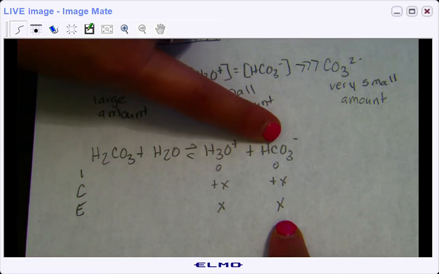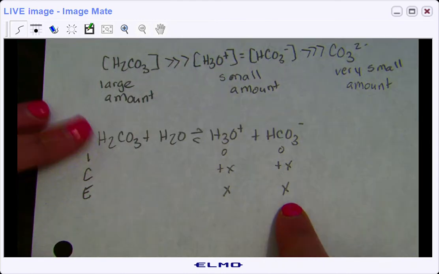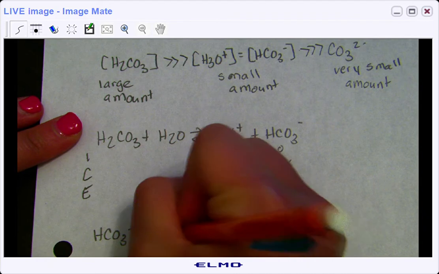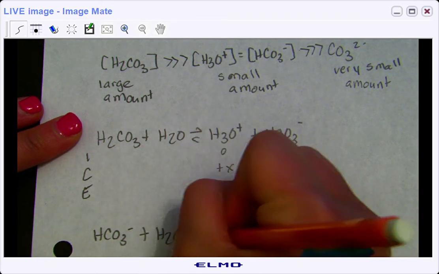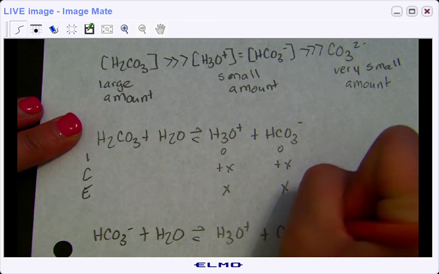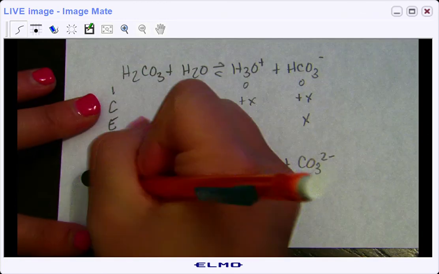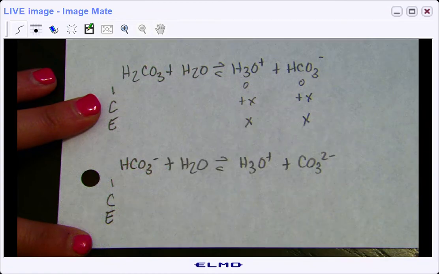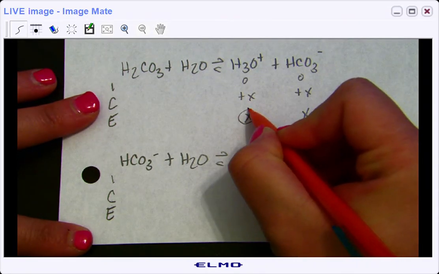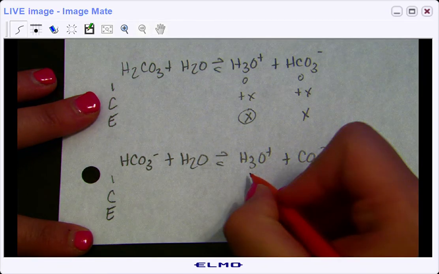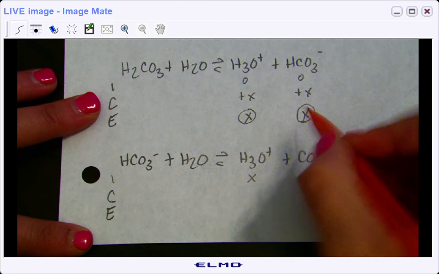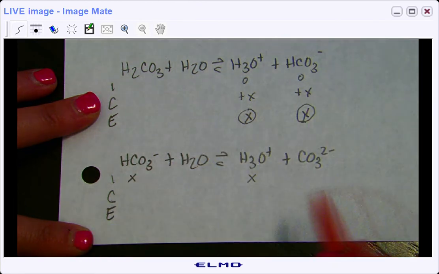Now, this HCO3 minus will then ionize in water, again to form H3O plus and carbonate. So when we look at our initial for these, we have an initial amount of hydronium ions, and we have an initial amount of our HCO3 minus.